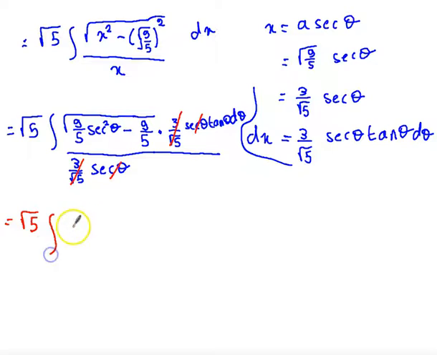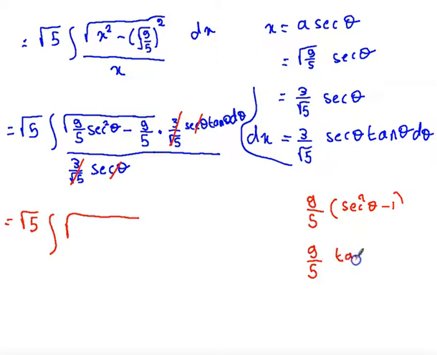integral of radical. Let's look at this one. If we take 9 over 5 common factor, so 9 over 5 secant squared theta minus 1. But secant squared minus 1 is equal to tangent squared. So 9 over 5 tangent squared theta, and we have radical 9 over 5 is 3 over radical 5, and radical tangent squared is tangent theta.